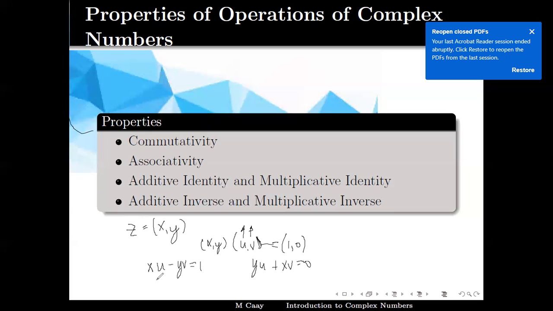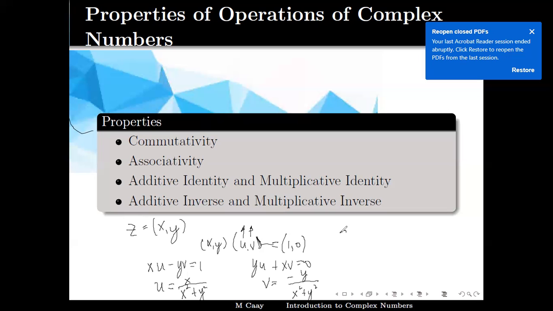Solving for u, u equals x over x squared plus y squared, and v is negative y over x squared plus y squared.